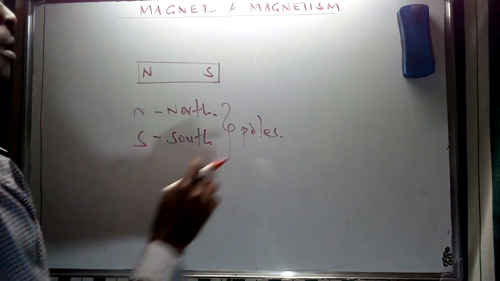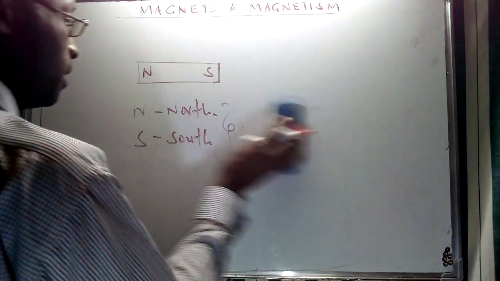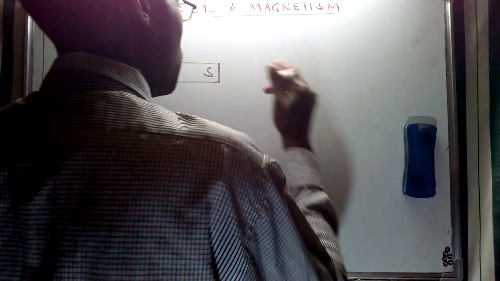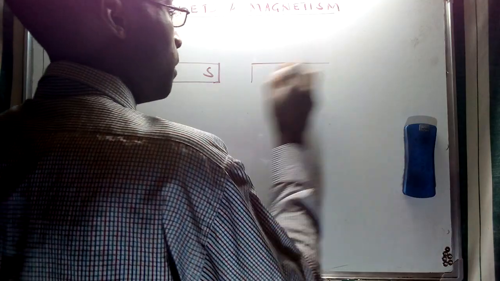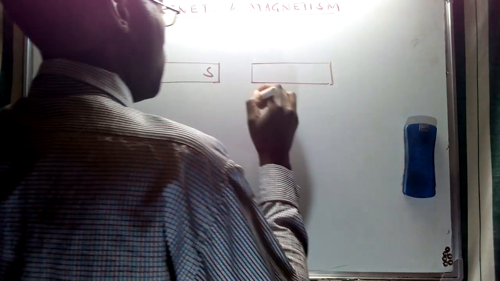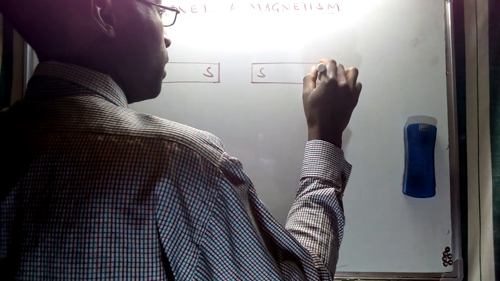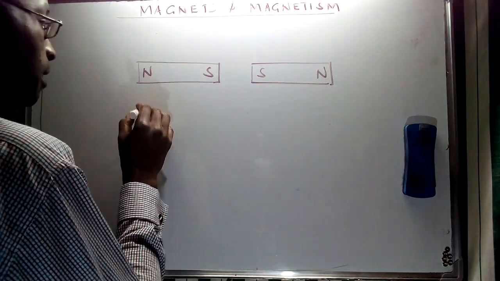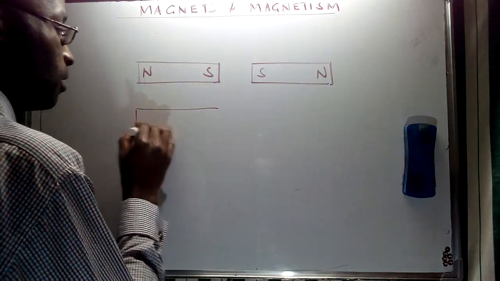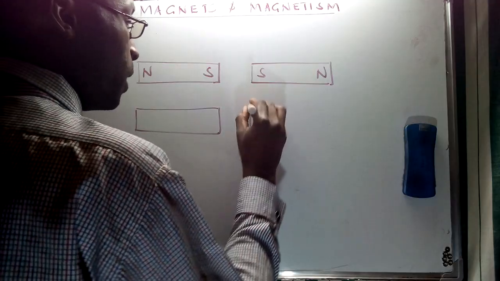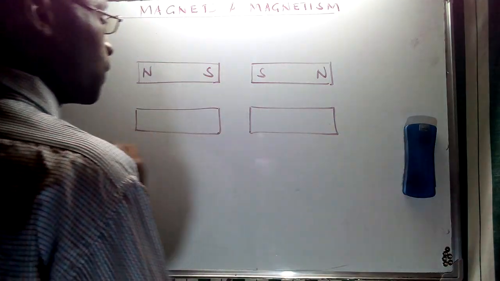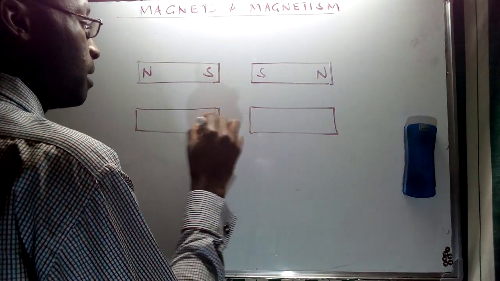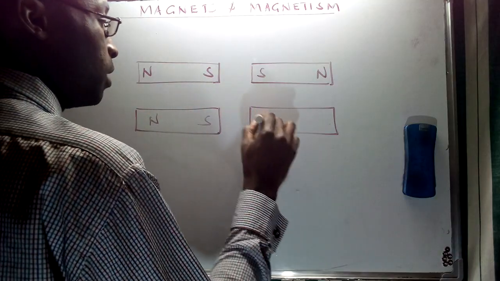So in this case, we're going to have some degree of attraction whenever two different magnets are brought together, and they're going to follow the laws of attraction that we have mentioned, whereby like poles are going to repel one another, while unlike poles are going to attract one another.